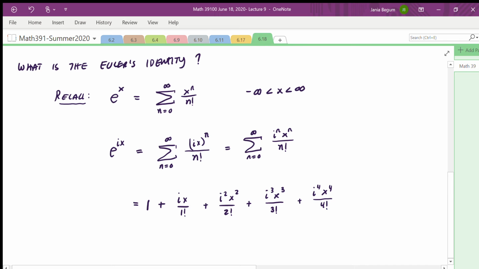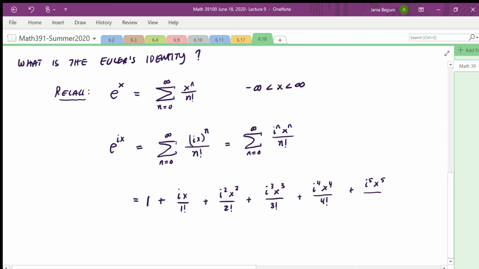So I'm going to write down just a few more, okay? So let's do n equals 5. So we have i to the 5th x to the 5th over 5 factorial plus i to the 6th x to the 6th over 6 factorial, and of course there are more terms. I think this is good enough to get to the idea where I'm heading, okay? So what I did, I wrote out the first 7 terms of this infinite sum, and the rest I wrote down as plus dot dot dot, okay?